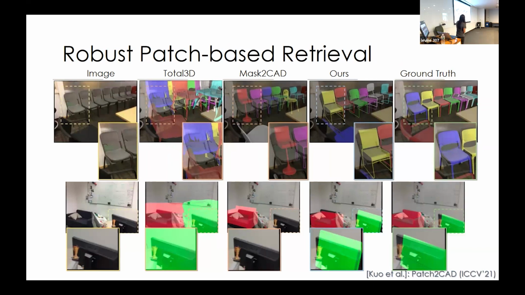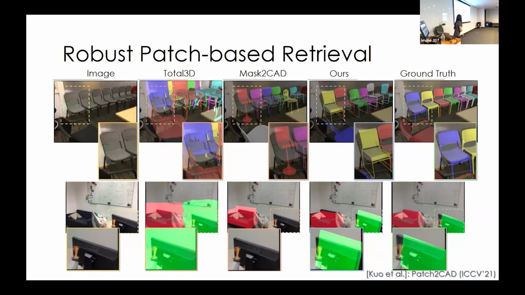And that means that you can do this patch-based reasoning and get objects that are at least much more structurally similar to the input chairs that you see here, and definitely way better than this object-based reasoning here, where you have all kinds of different objects being retrieved in terms of the shape. And this is precisely the challenge that there is no exact CAD model that matches this particular object in the data set. So you need to be a bit more robust in this kind of reasoning.